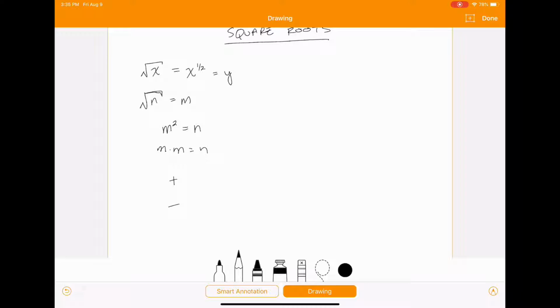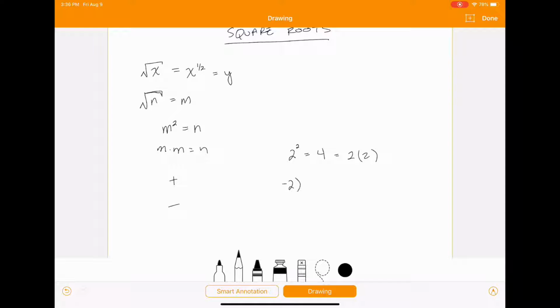And that's because if you go backwards in this, let's say for instance, let's use 2. And you take 2 squared, that's going to equal 4, because that's going to be 2 times 2, right? Which is equal to 4.